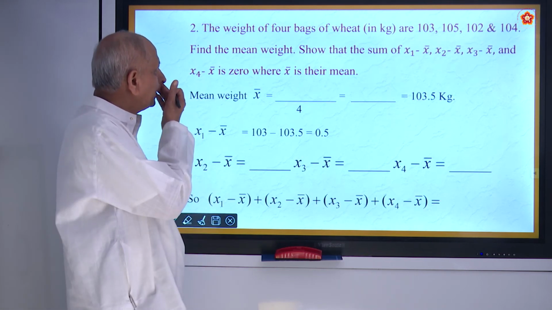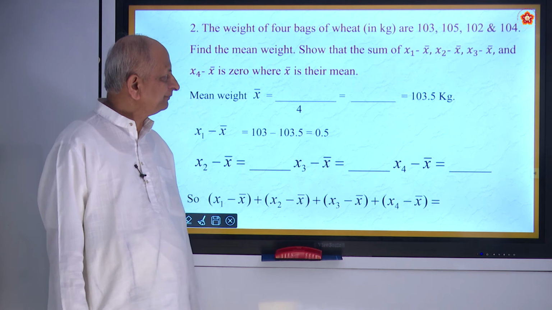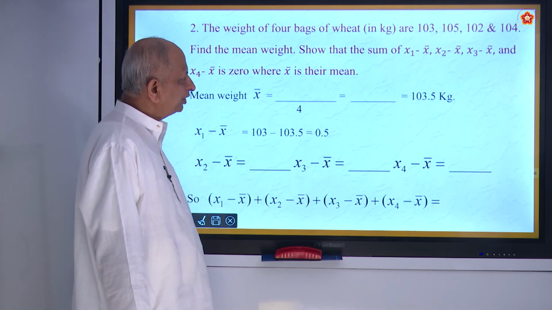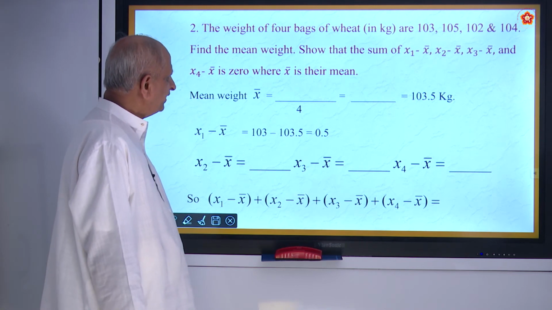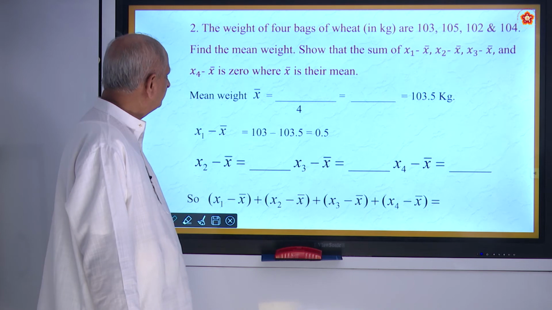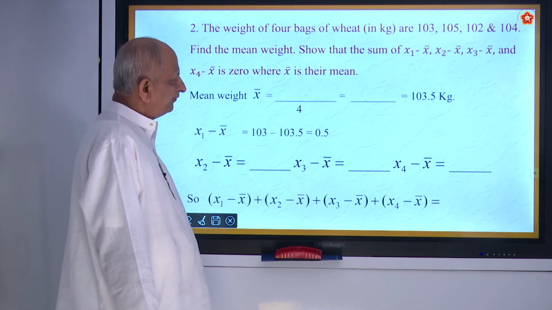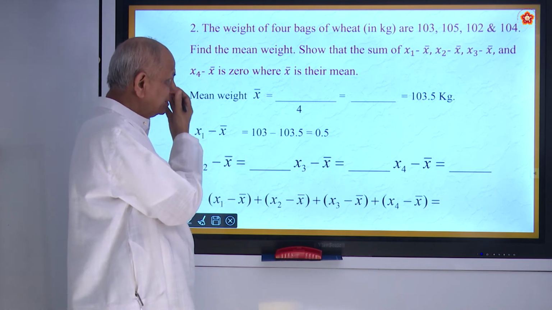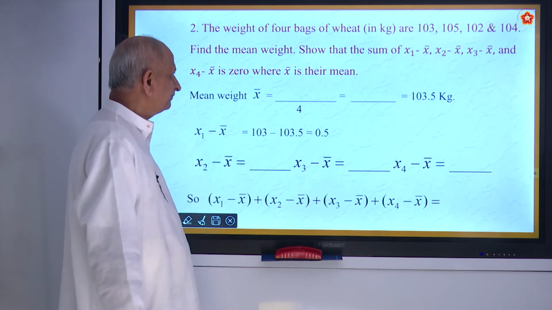Next sum is the weight of 4 bags of wheat are 103, 105, 102 and 104. Find the mean weight. Show that the sum of all these is 0, where x bar is the mean.